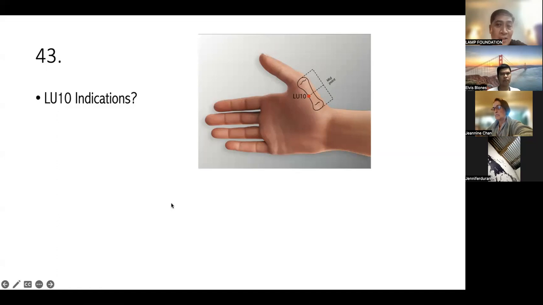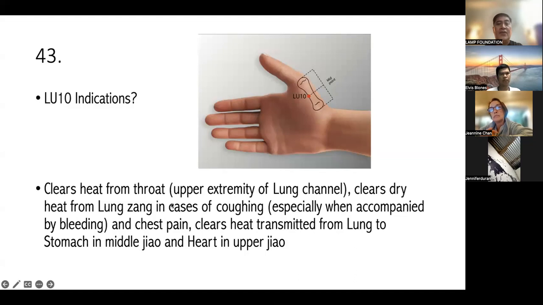Can you explain to us what hemoptysis is? Bakit nagkakaroon ng hemoptysis? That's coughing out blood, no? Okay, because of heat. Di ba kanina sinabi, this is a yin spring point, remember? And compared to the Jing well, we use the yin spring for heat conditions. Kaya this is basically about clearing the heat from the throat.